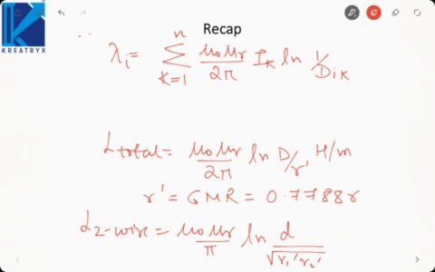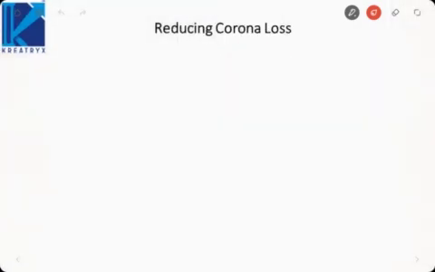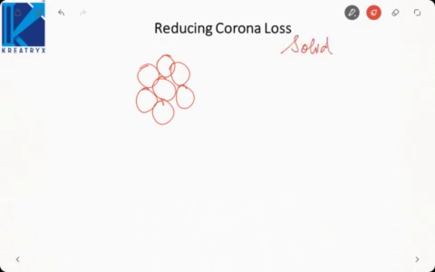In this lecture we will be focusing on removing the disadvantage of the stranded conductor, that was the corona loss. So we saw that stranded conductors have a non-uniform surface. We removed the disadvantage of tensile strength using our ACSR conductor. Let me recap what kind of conductors we saw. First we proceeded from solid.